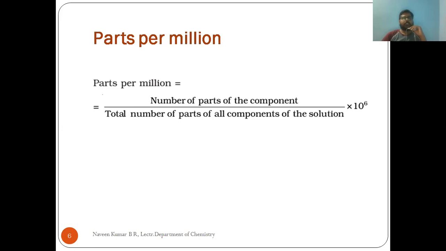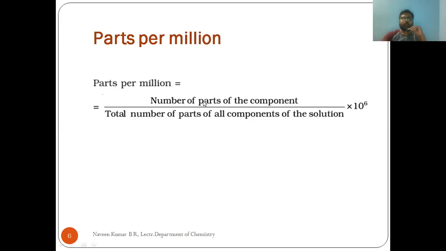Such calculation can be considered as, if we know the number of parts of the component, and if we relate it to the total number of parts of all the components present in the solution, and if it is multiplied by a million, 10 to the power of 6, then the number of components are expressed per million as parts per million.